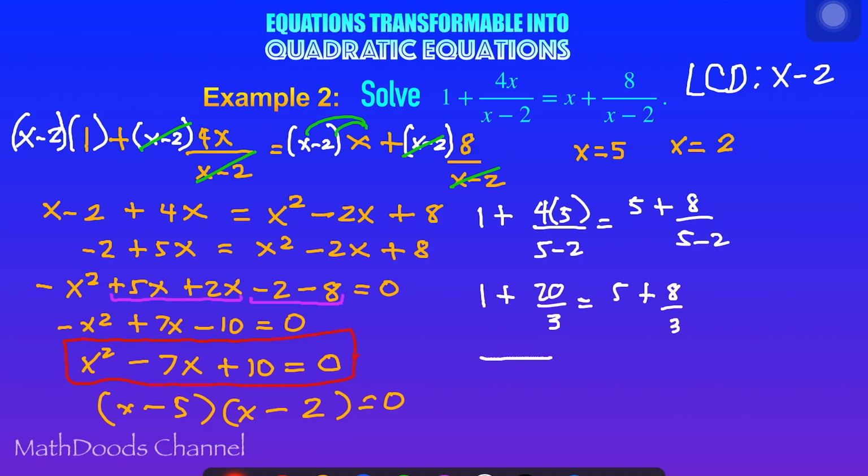So, hanapin ang LCD. Ang LCD ng 3 and invisible 1 is 3. Ito ay 3 din. So, 3 divided by invisible 1, 3. 3 times 1 is 3. Plus 3 divided by 3 is 1 times 20, 20. Sa kabila, 3 divided by invisible 1, 3 times 5, 15.